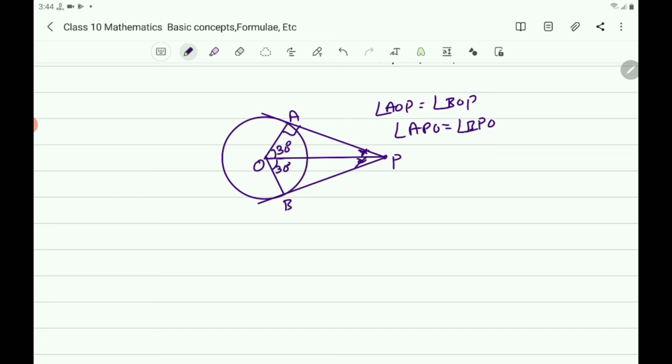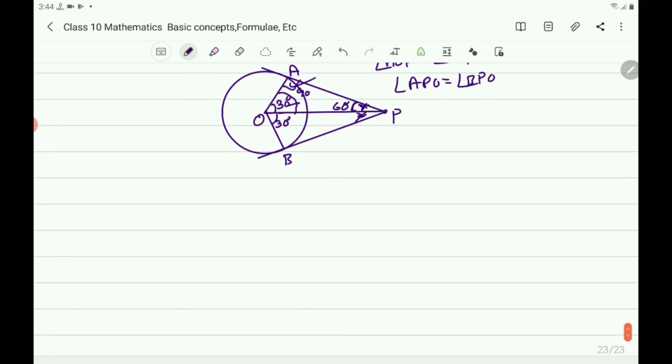Then what is the measurement of this angle? This is 90. 90 plus 30 is 120. 180 minus 120, you will get 60. Or otherwise, directly subtract this angle from 90, because this is naturally 90. So you subtract 30 degree from 90, you will get 60.